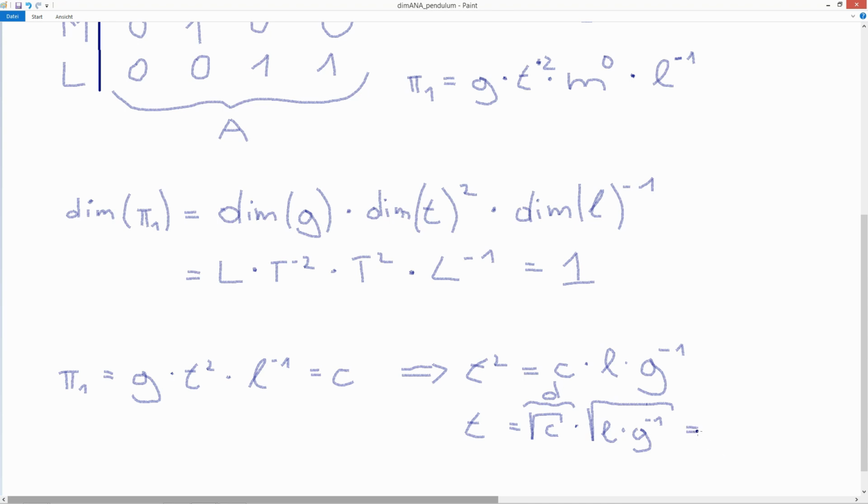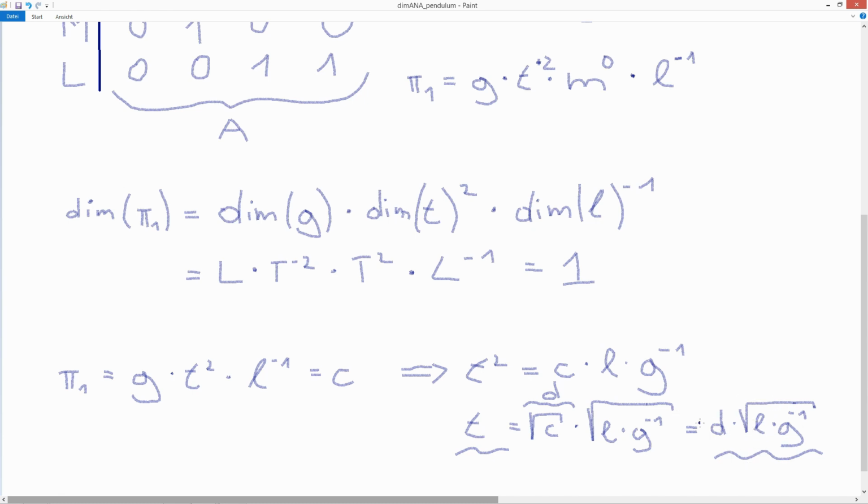Then this is equal to d times the square root of L times g to the power of -1. So dimension analysis leads to this formula for t.